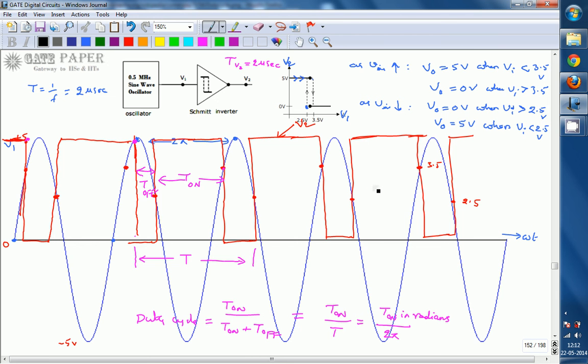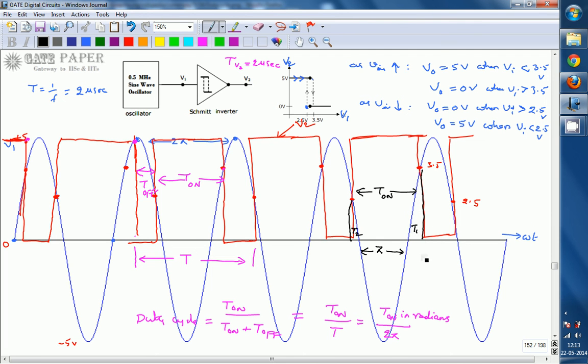T on is nothing but this duration. If you go through pi radians, this complete pi you are getting, and you get something extra, which we make as T2, and something extra to reach this point, which is T1.